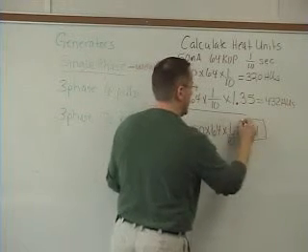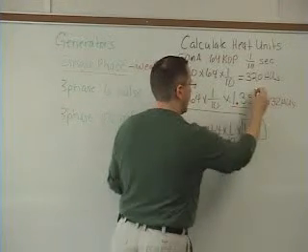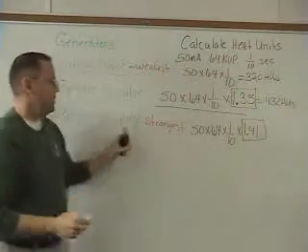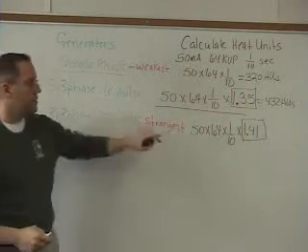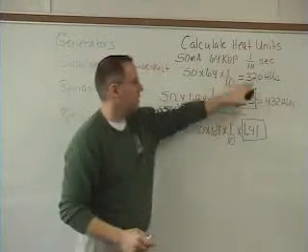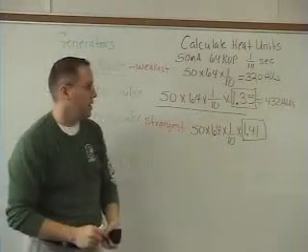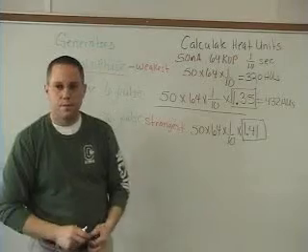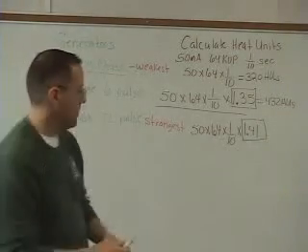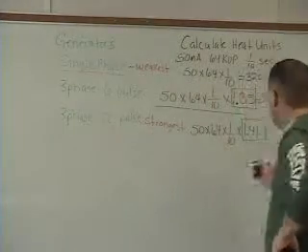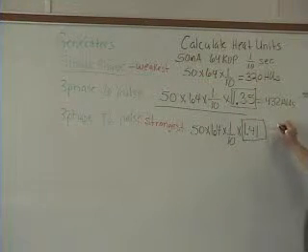These are numbers you need to memorize, depending on what type of generator you have. To save time, the 320 times 1.41 equals 451.2.